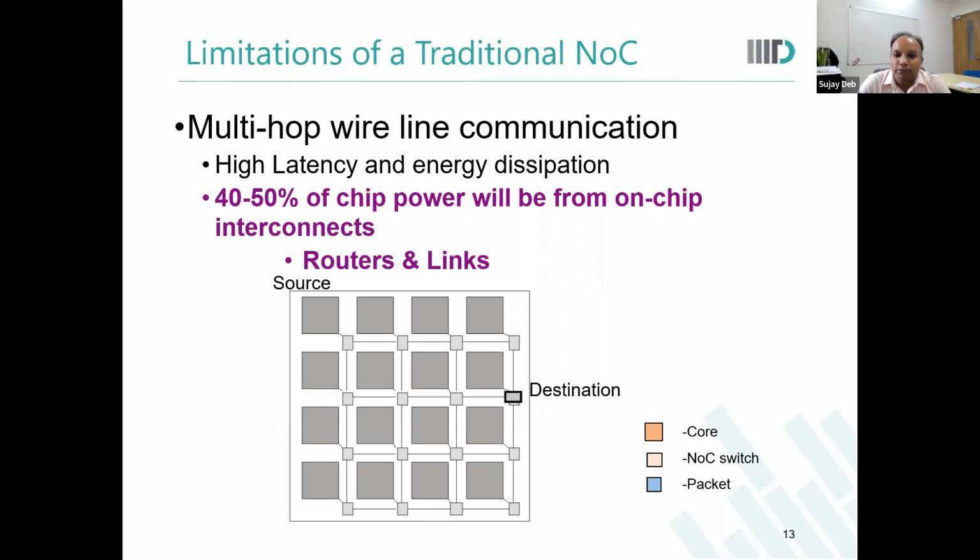Similarly, this switch, what it will be doing is very well known: you get the data from the input port, you look at the destination, and accordingly you select which output port the data should go out to. That's the purpose of this switch. You check a few things before you push it out, and if everything is fine, then you push it out and start processing the next one, and so on.